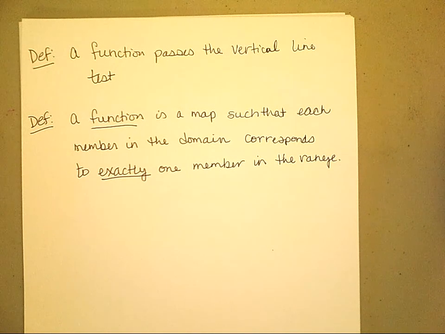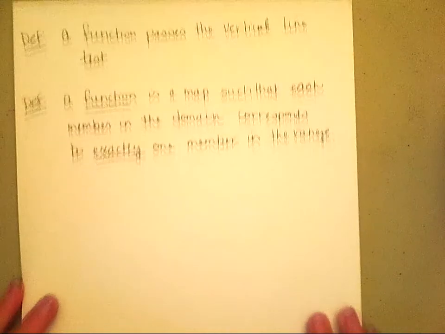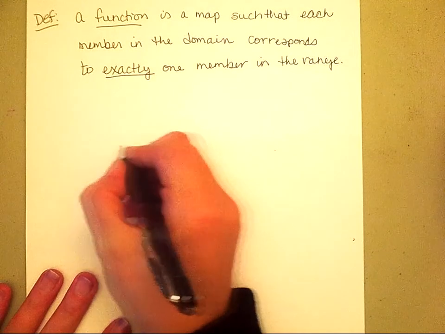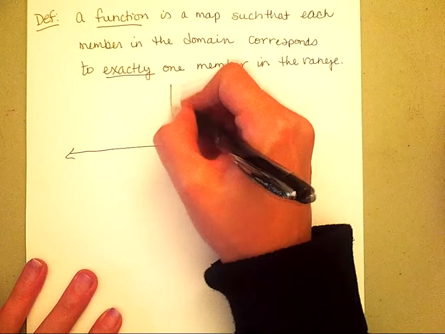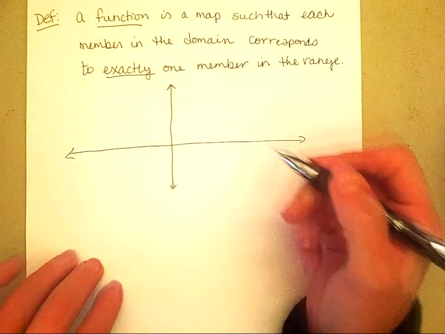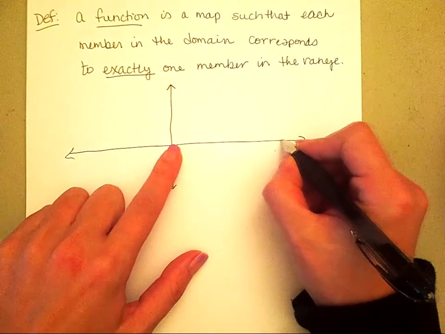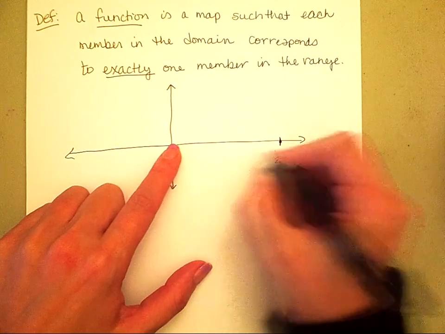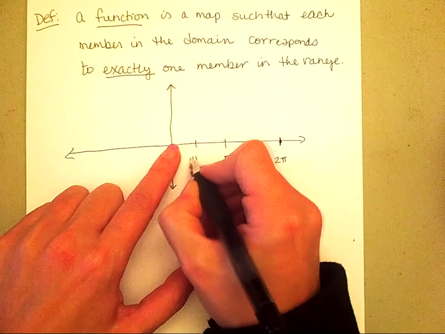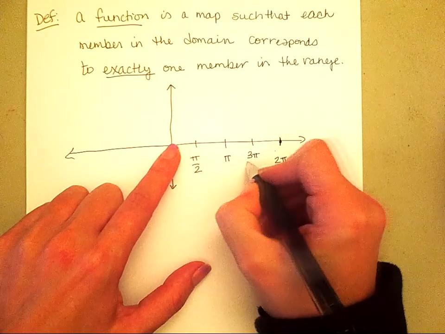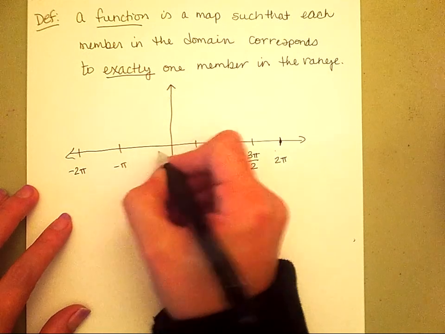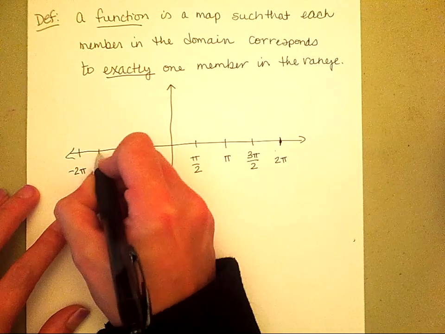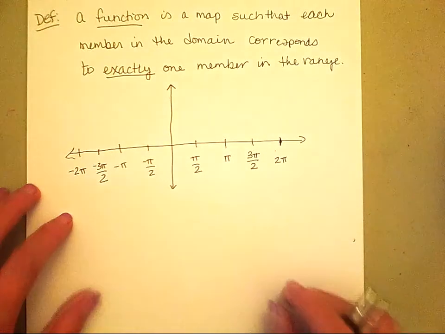So now let's look at this mapping a little bit more closely. Given our sine function, I would like to point this out. Now when we start mapping the sine function, let's look at, so here's 2 pi. Here's pi over 2, here's 3 pi over 2. Down here's negative pi over 2, half that's negative pi, half that's negative pi over 2, half that's negative 3 pi over 2.